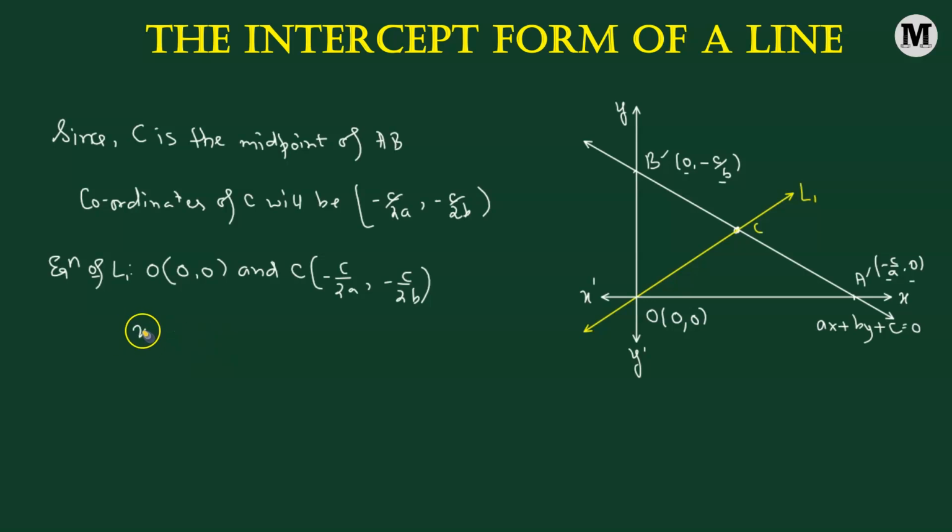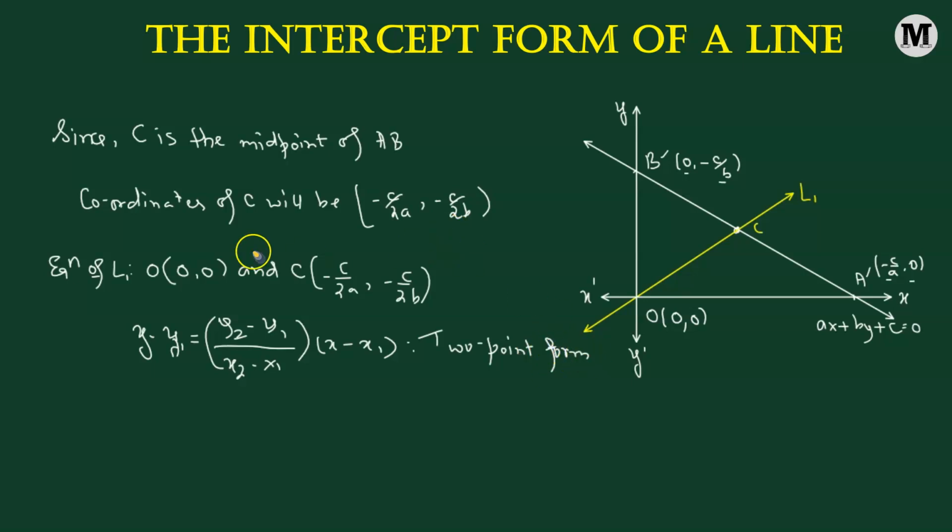The two-point form is y minus y1 equals y2 minus y1 divided by x2 minus x1, whole multiplied by x minus x1. This is the two-point form of the straight line.